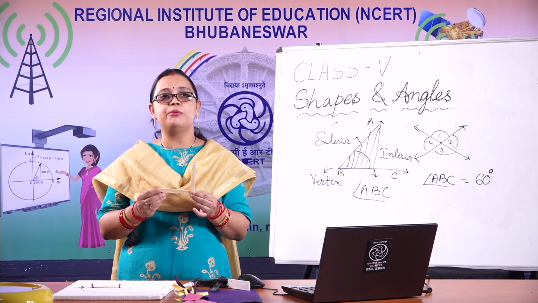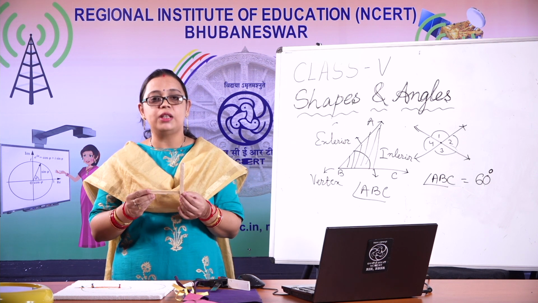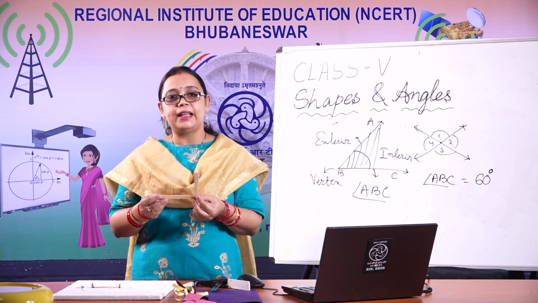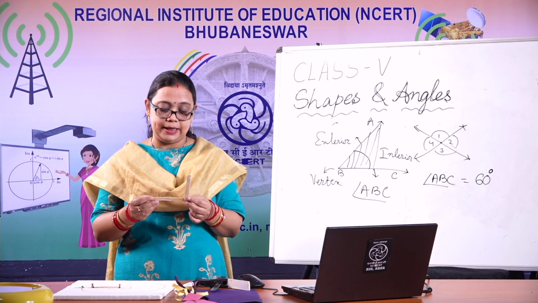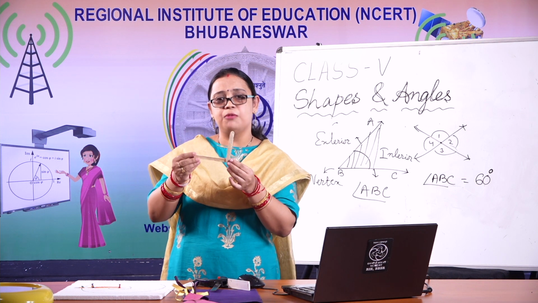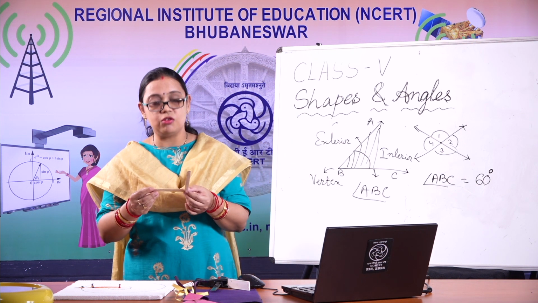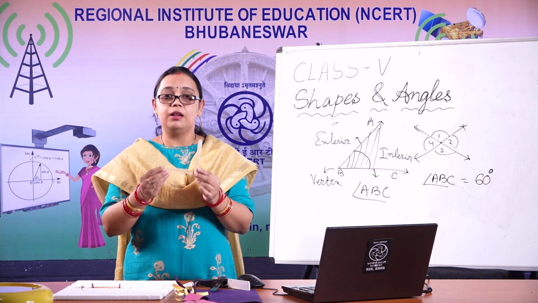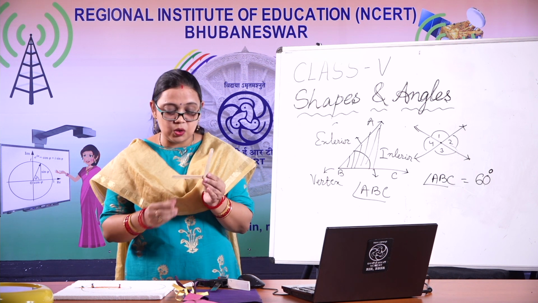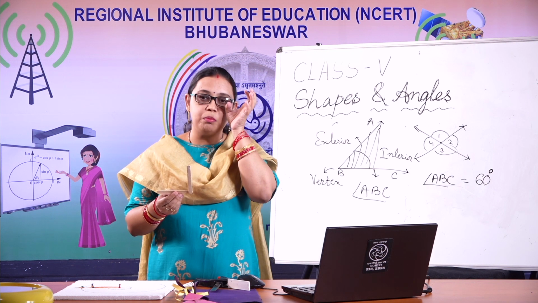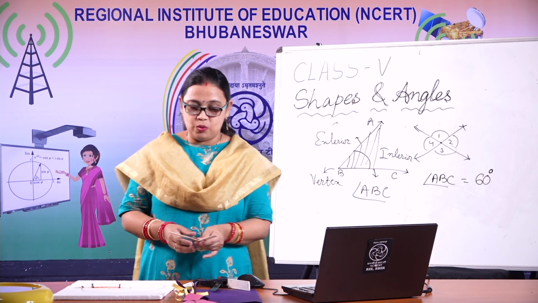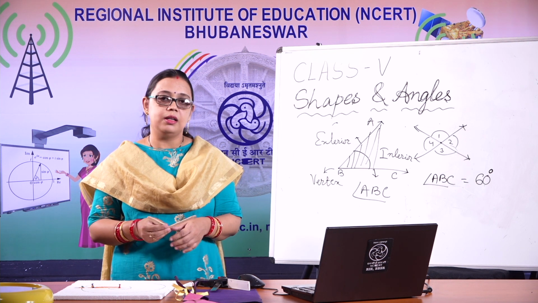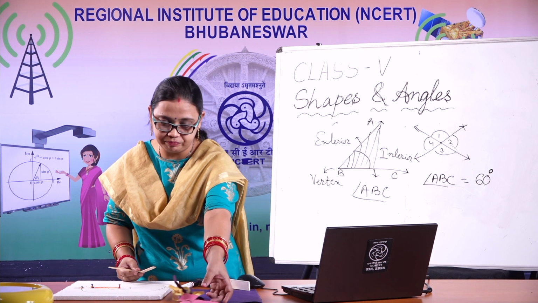I have made this device to make it interesting so that you can learn whether angles are greater than right angle or smaller than right angle. So this is a simple one, you can make it at home using any two sticks. I have used two ice cream sticks to make a right angle. Okay, so this one will use to measure the angles we have here, whether they are more than 90 degree or less than 90 degree.